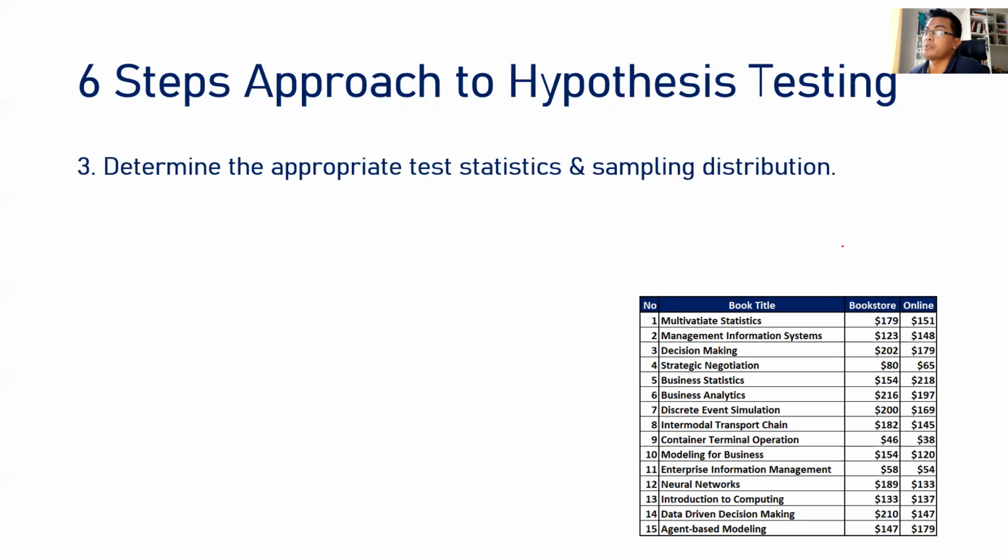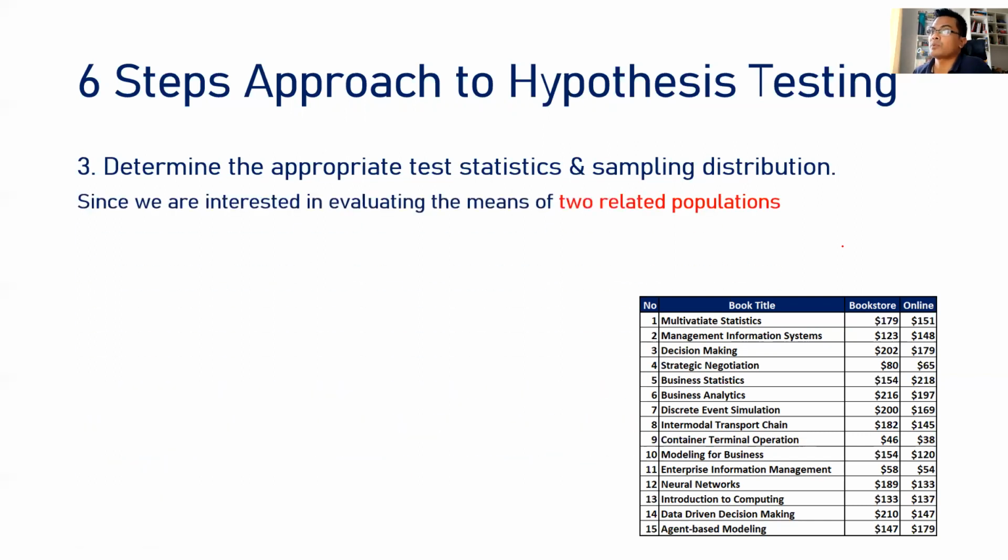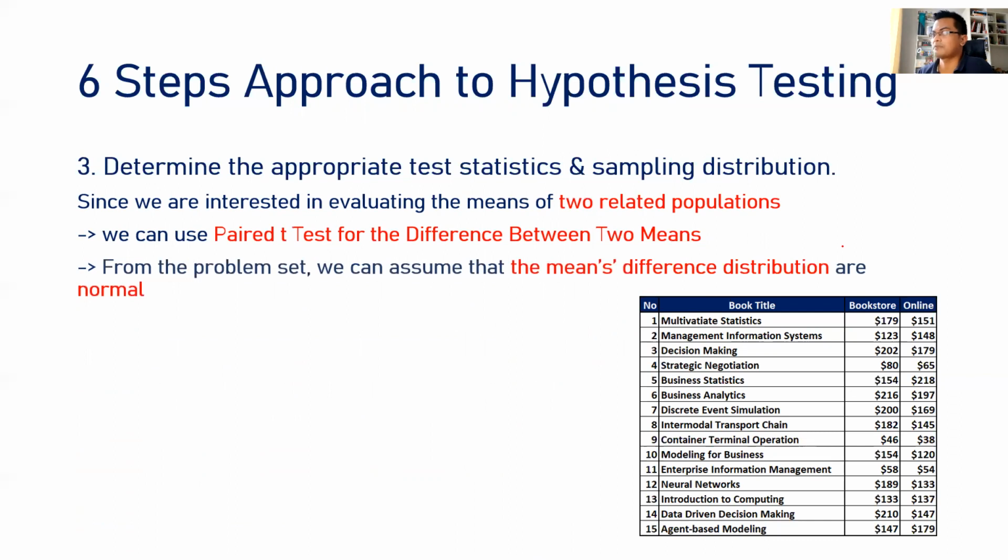That's why we use the paired t-test. And the sampling distribution, the problem set already stated that it's normal. Since we are interested in evaluating the means of two related, not independent, populations, we can use the paired t-test for the difference between two means. And from the problem set, it's already stated that we can assume that the mean difference distribution is normal.